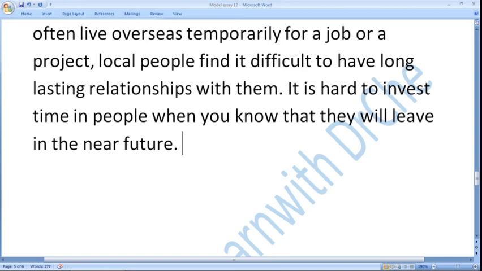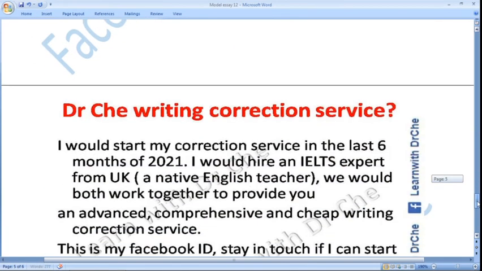So my first body paragraph is complete. Introduction is complete, first body paragraph is complete, in about 20 minutes in total, but we have spent 1 or 2 minutes on the introduction, something like that, and that is good speed.